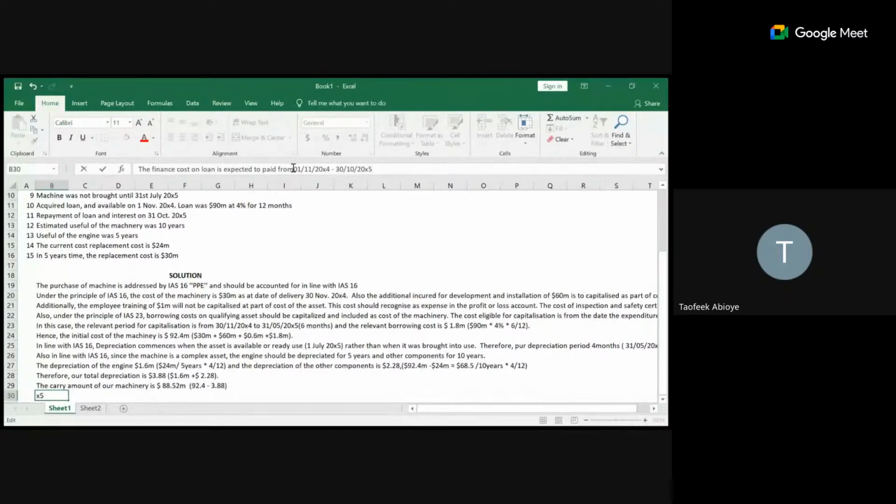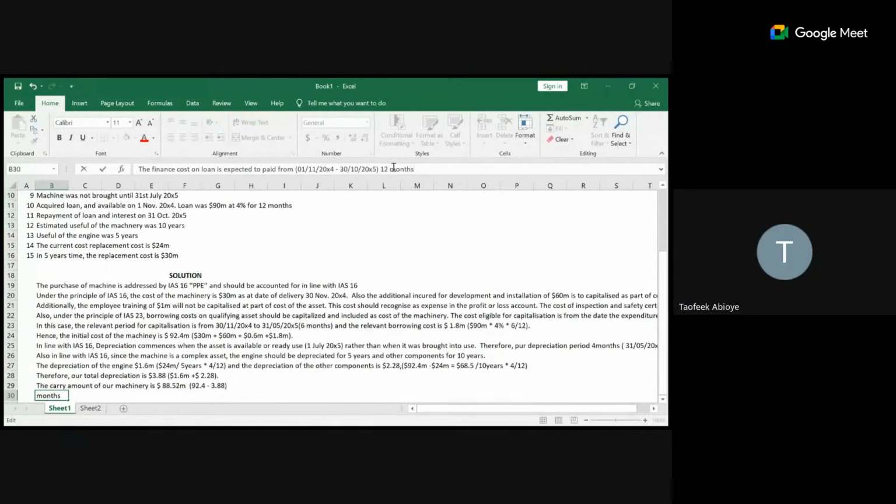That is the 12 months. We are supposed to pay this loan for 12 months. We know we capitalize only 6 months. We don't have a problem with that one. So this loan is supposed to be paid for 12 months.